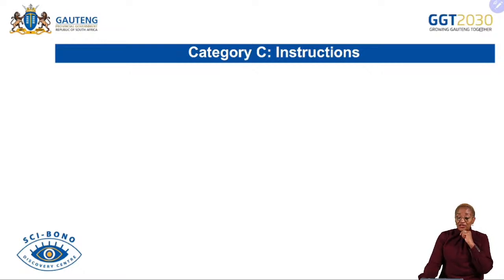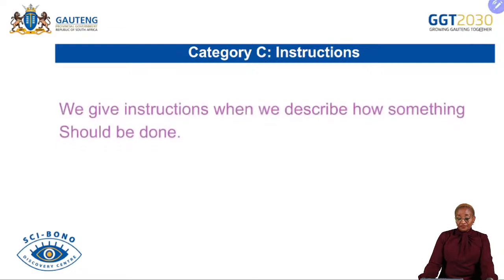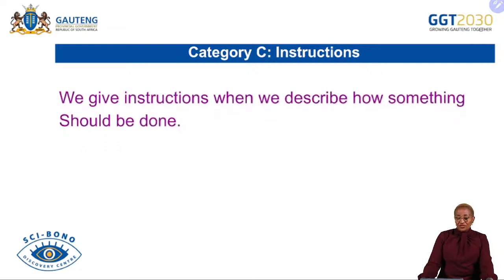Still on category C, and now we're looking at instructions. When do we give instructions? In our everyday life, we carry out instructions in one way or another. But when do we give them? We give instructions when we describe how something should be done.